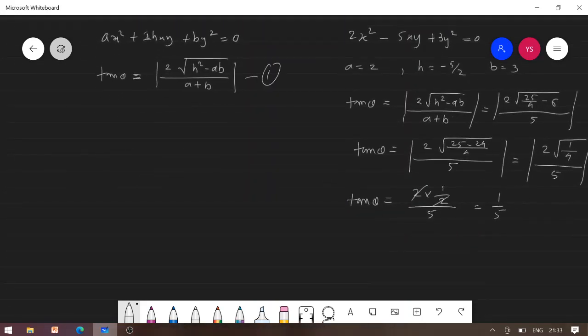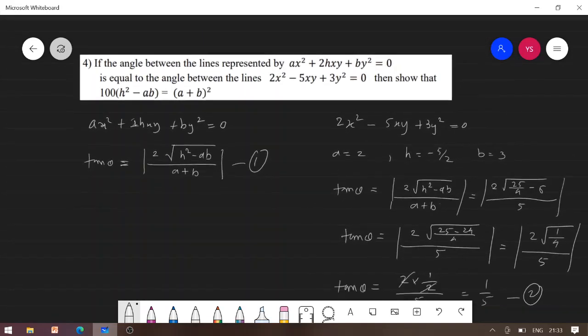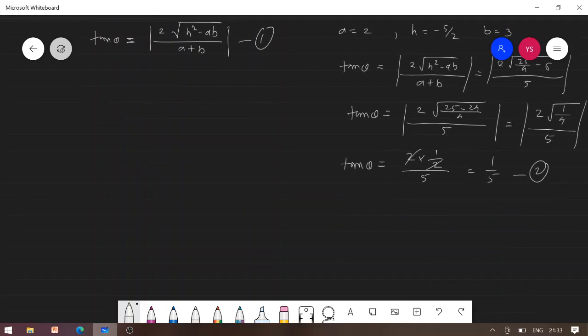So on comparing equation 1 and 2, the acute angles are to be equal. That means tan θ between the given pairs of lines represented by the combined equations should be equal.